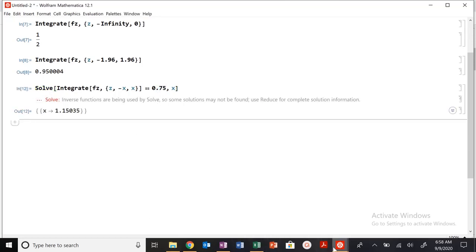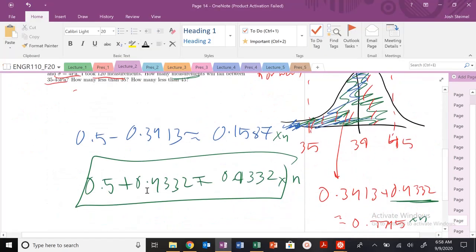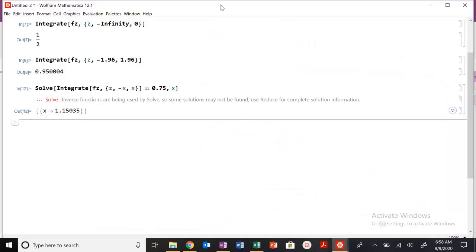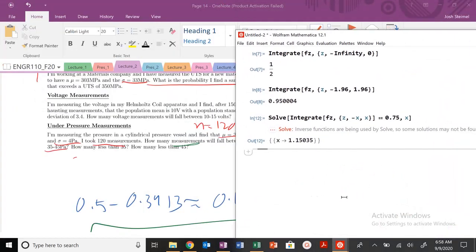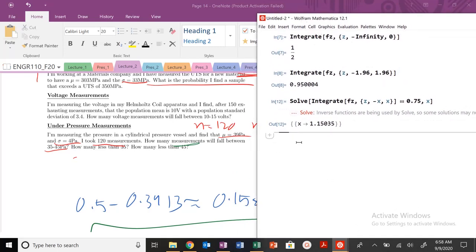And again, I could use this to solve some of the problems that we worked with in the last video. I have a mu of 39 and a sigma of 4 pascals. Let me pull up my Mathematica notebook so we can work with this. Here we go. I'm trying to find how many measurements fall between 35 and 45 pascals.